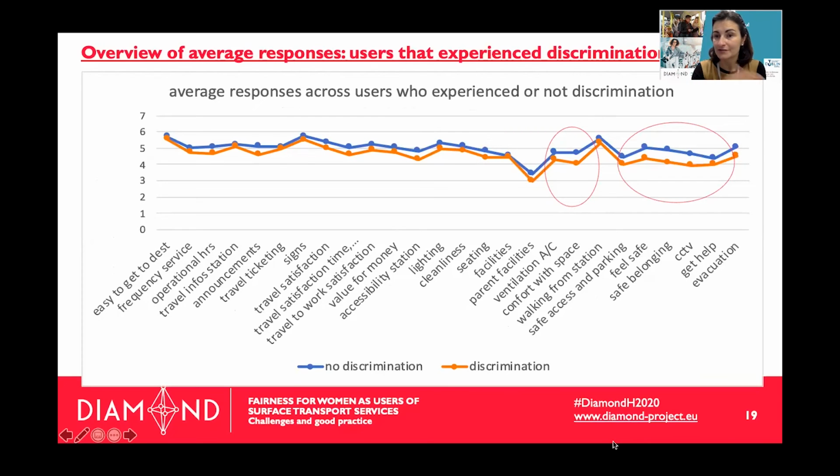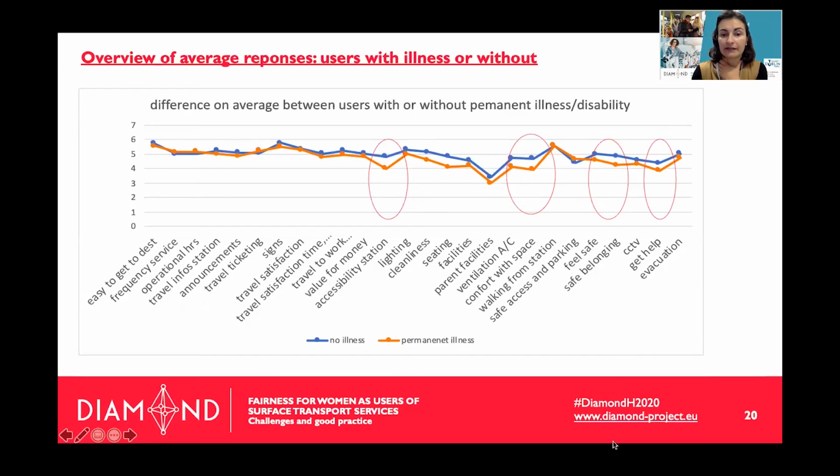We also, as you can see, this is the curve across all the categories. The blue curve is the one with people that did not experience discrimination, and the orange one is the people that experienced discrimination. As I said, there are a number of categories, especially related to safety and security, where a significantly lower level of satisfaction is reported.